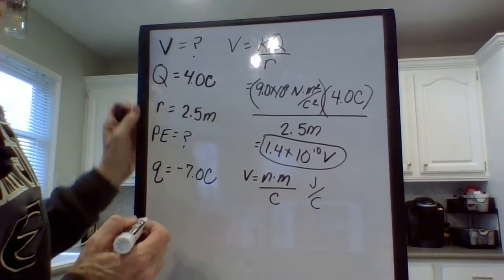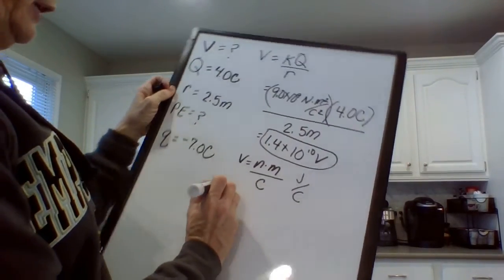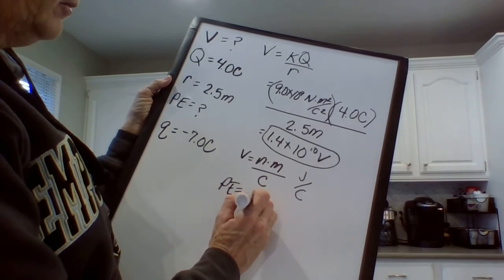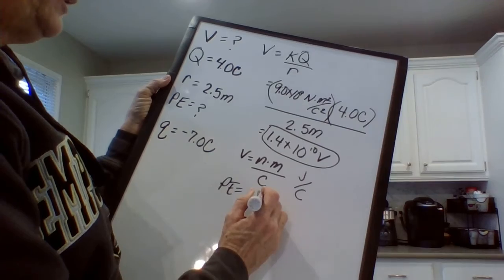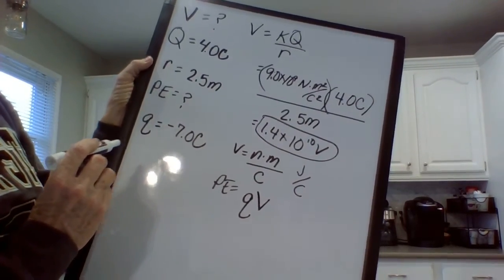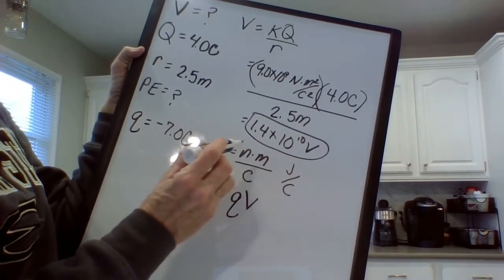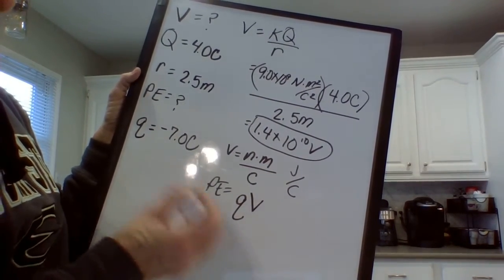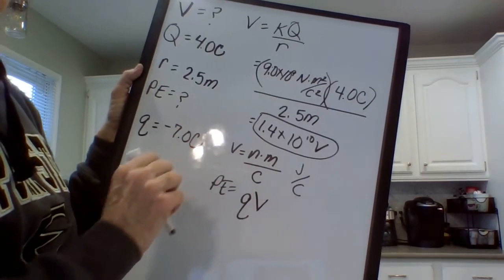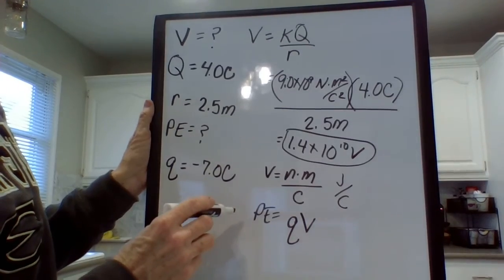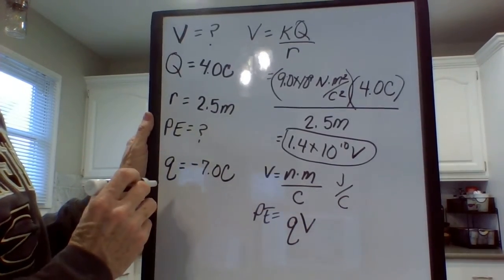Then to find potential energy, it's the voltage times the charge put into that field. This is the potential of the field, but then it depends on, just like gravitational potential energy depends on the mass that you put into the field, the electrical potential energy depends on the charge you put into the field.